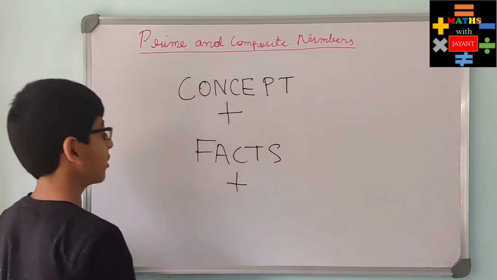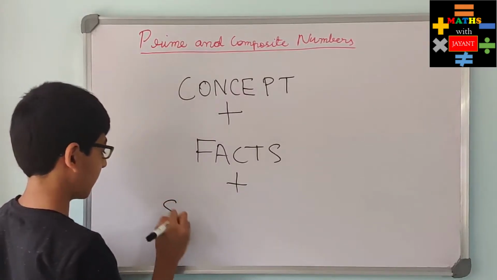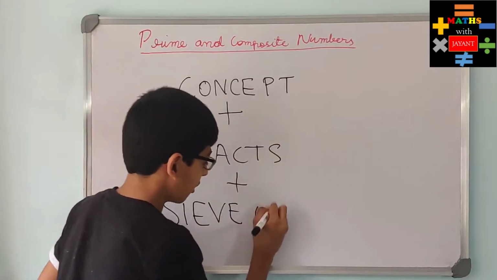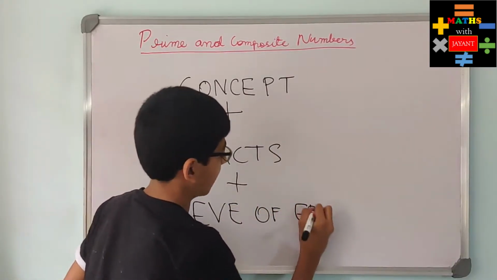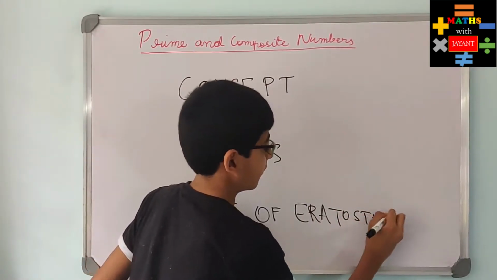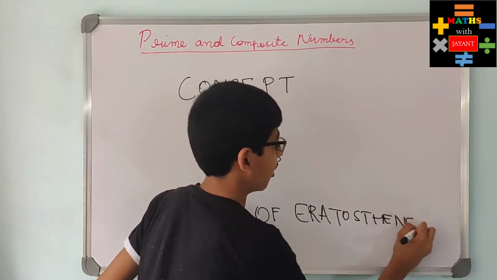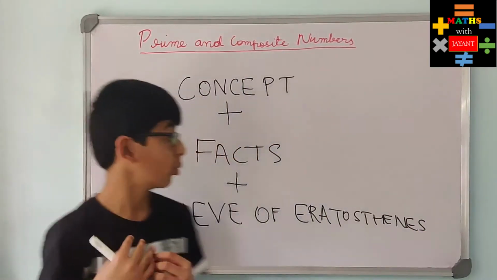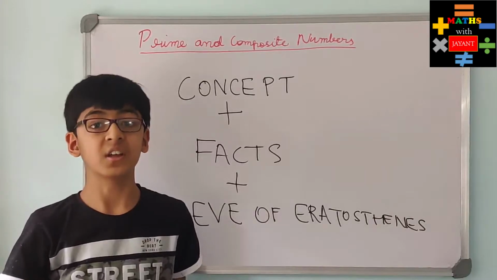And you are also going to know the prime numbers between 1 and 100 using the method Sieve of Eratosthenes. So, today we are going to cover a lot about prime and composite numbers. So, let us get started with today's topic.